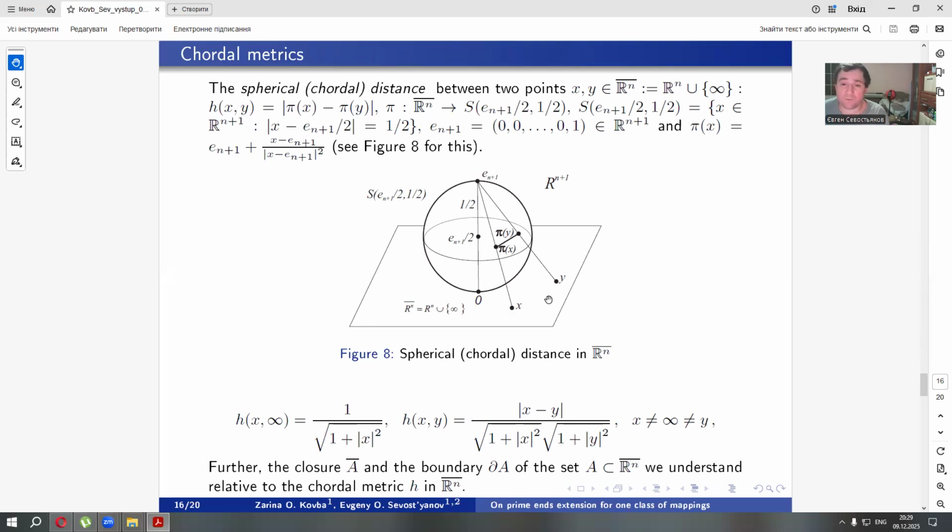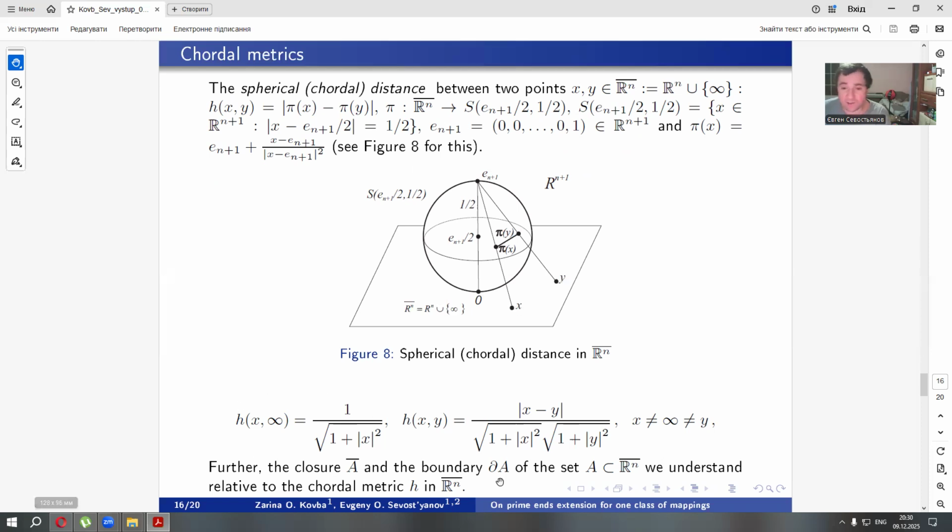If we have points x and y, then we take the projections of these points onto the Riemann sphere centered at the point e_{n+1}/2 and of radius 1/2. So the projections of x and y are the points P(x) and P(y). The length of this segment is called the chordal distance between points x and y.